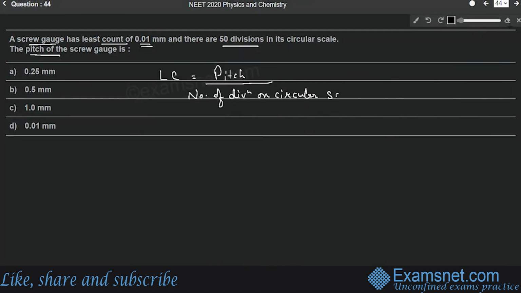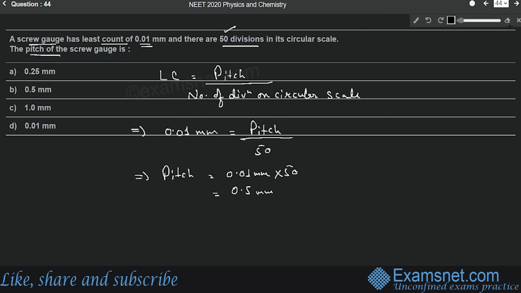Now, least count is given as 0.01 millimeter. Pitch is unknown. We have to find out. Then number of divisions on the circular scale is also mentioned. It is 50 divisions. So what will be the pitch? It will be equal to 0.01 millimeter into 50. So it will come out to be 0.5 millimeter, right? So option B will be the correct answer.